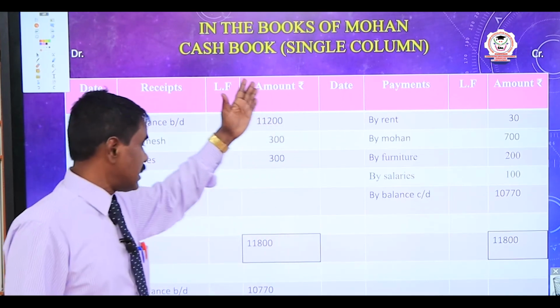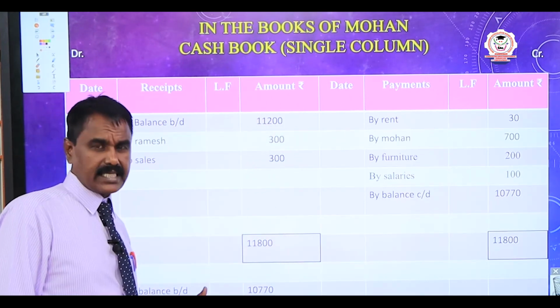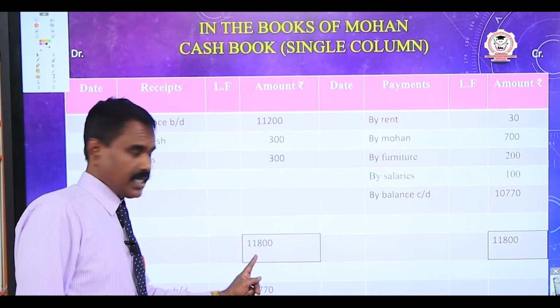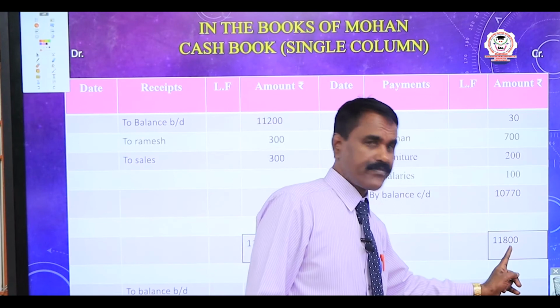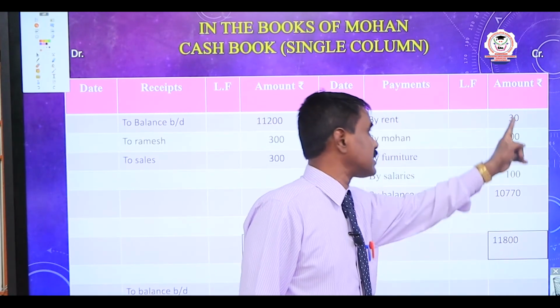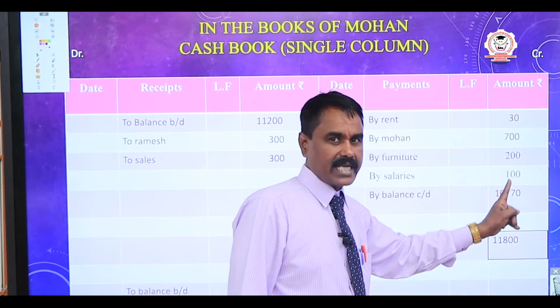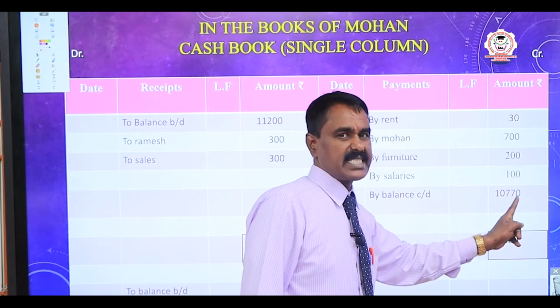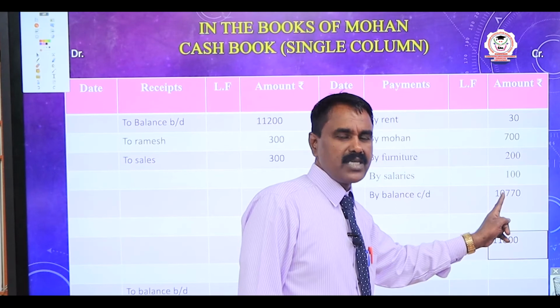So the debit side is greater. Take the total of the debit side first and bring the same amount to the credit side. Then from this amount, the 1,030 should be deducted. You will get the balance figure as 10,770. This is the balance of the cash book.